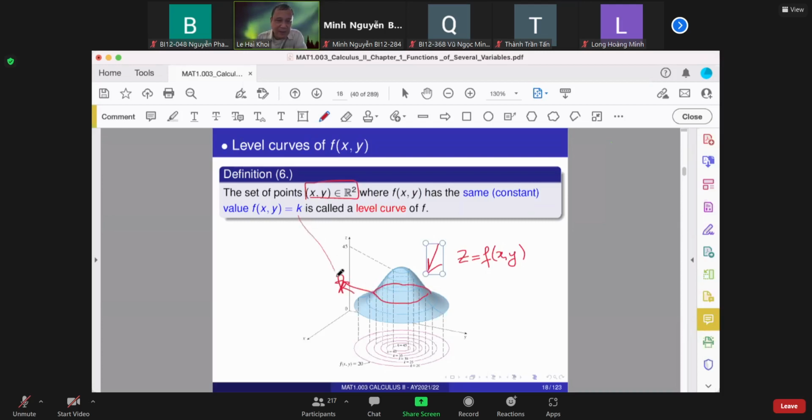This is the same k. Every point here has the same amplitude.